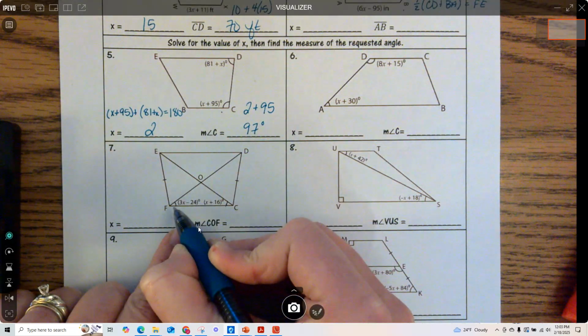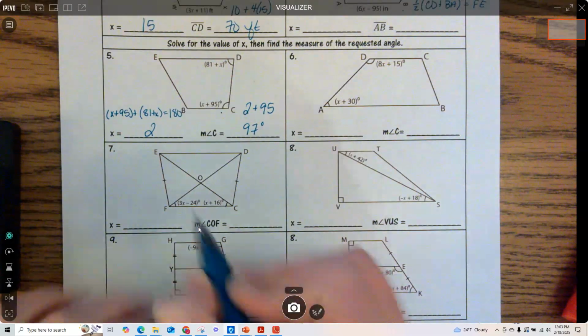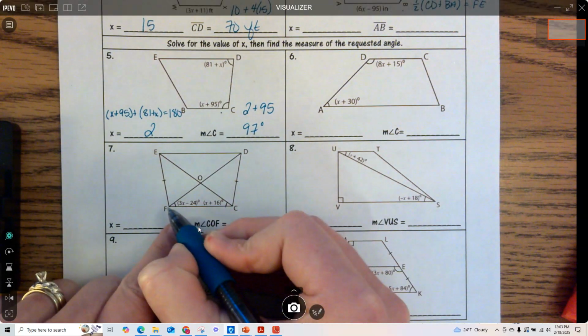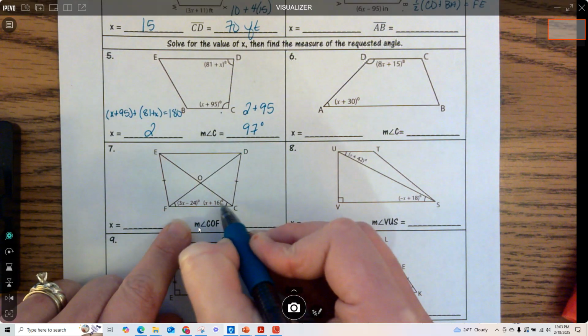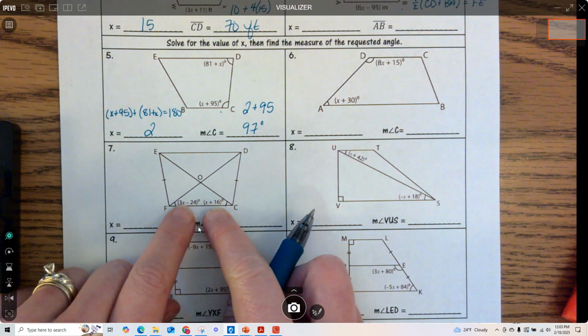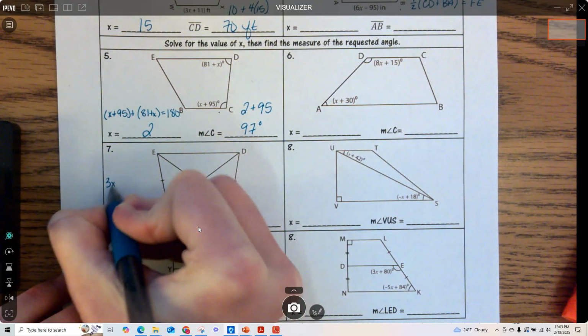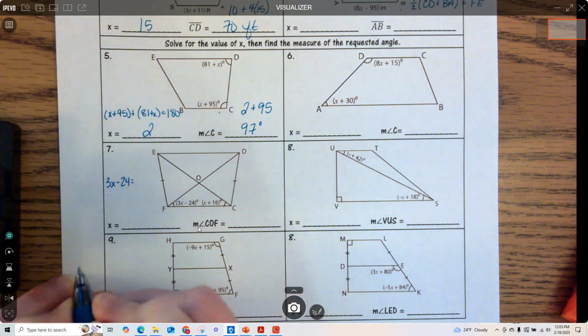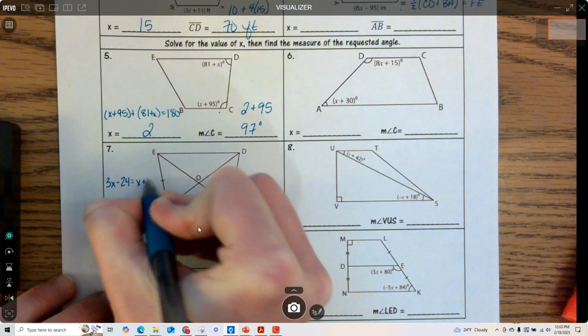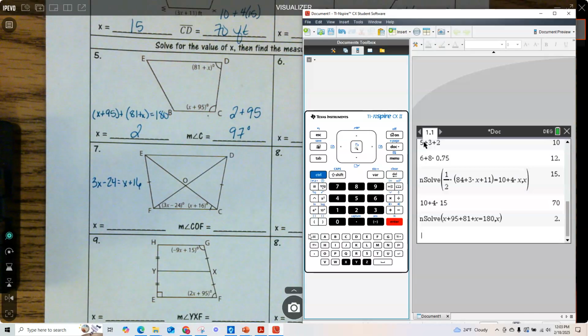These diagonals are not going to split the angles perfectly, but since they're congruent, these little angles that they make on the inside are congruent to each other. So when we have these two pieces like this, we can set these equal to each other. And then we can solve for x.